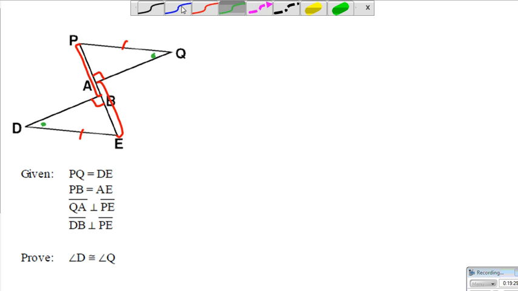Now, one thing that we get to realize is this: because AB is reflexive here, then this portion PA must be congruent to BE by the subtraction postulate, taking away the same portion. Then guess what? We realize hypotenuse leg.